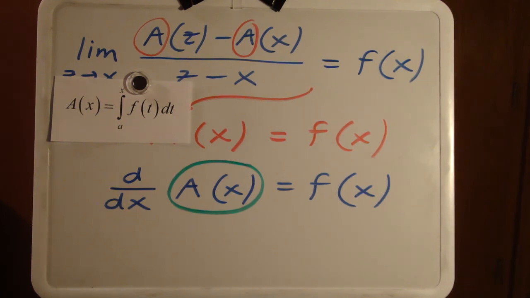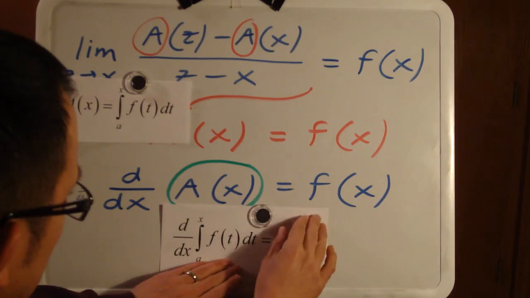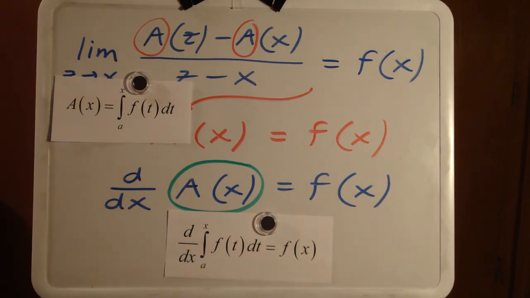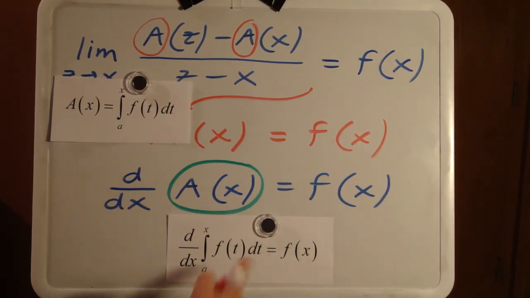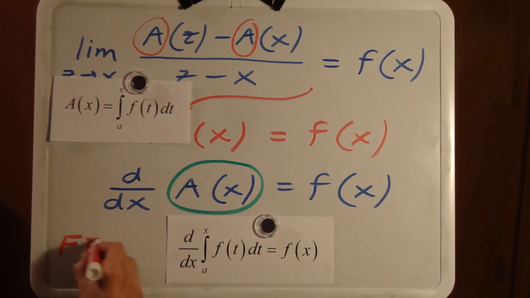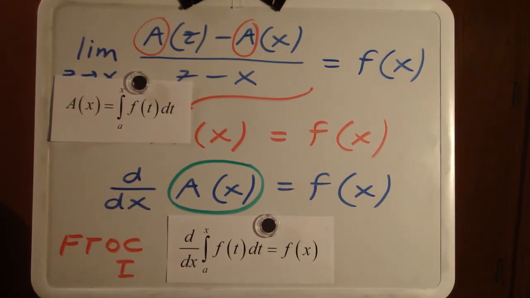This is worth a look, because we have to look at it carefully. It's saying the derivative of the area function is equal to f of x. This is the statement of the first fundamental theorem of calculus, which I will call FTOC, part 1.